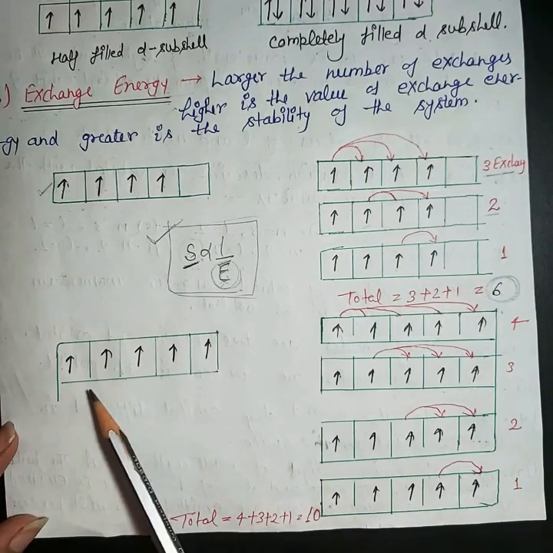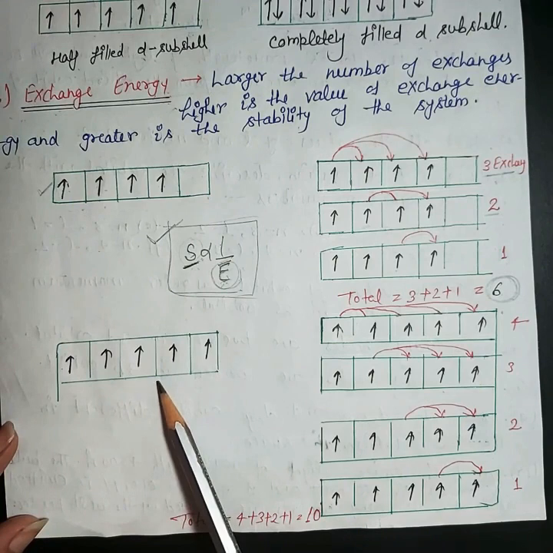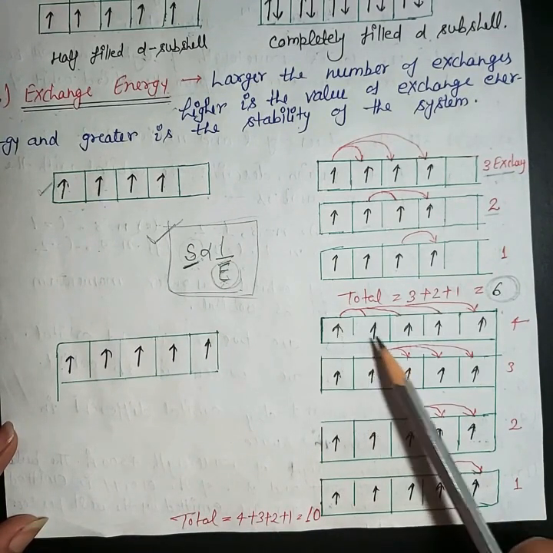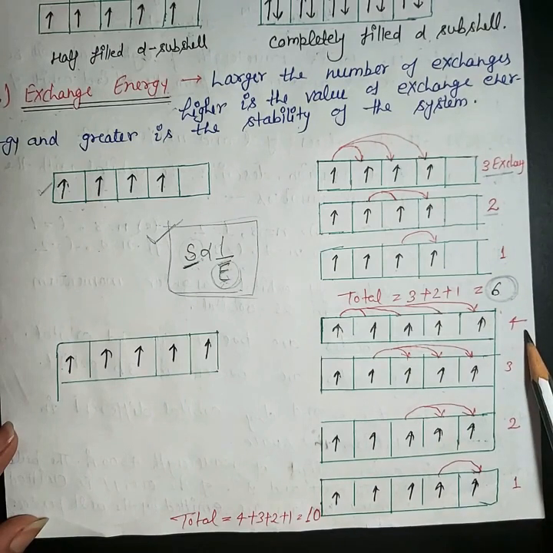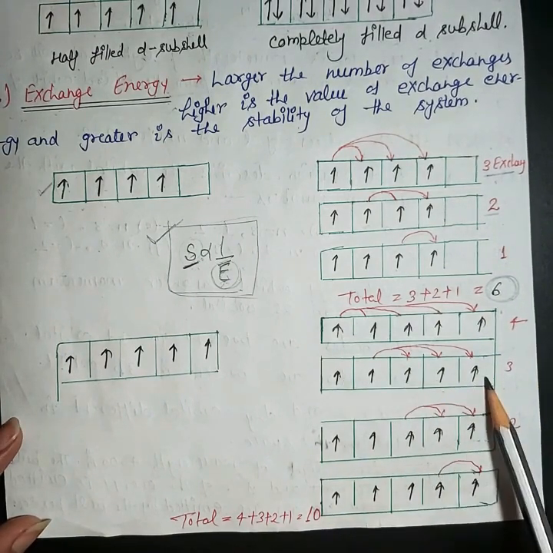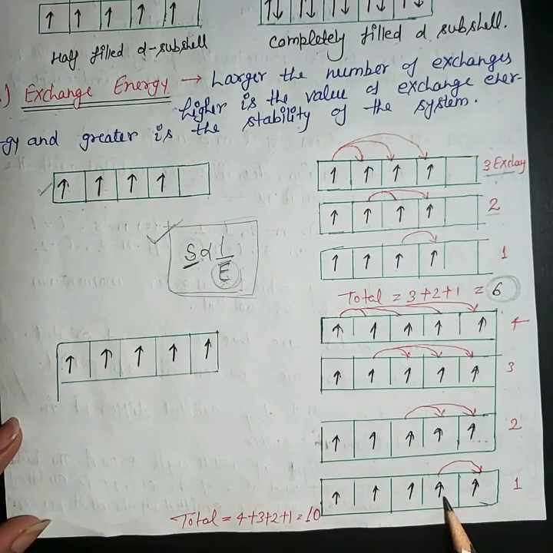But if the electrons are distributed like this, exactly half filled, then let's see the number of exchanges. For the first electron, 4 exchanges are possible, for the second electron 3 exchanges, for the third electron 2 exchanges, and for the fourth electron only 1 exchange is possible.